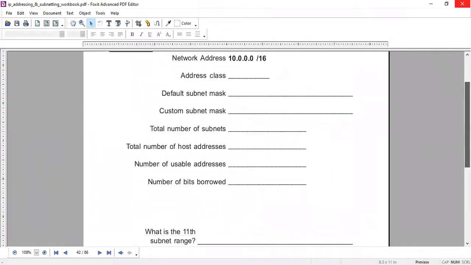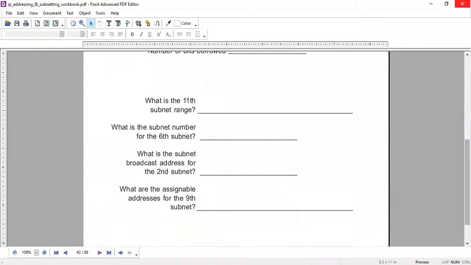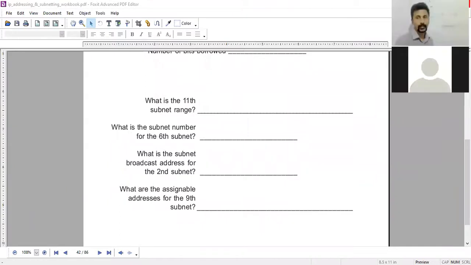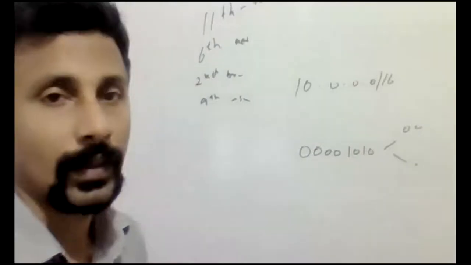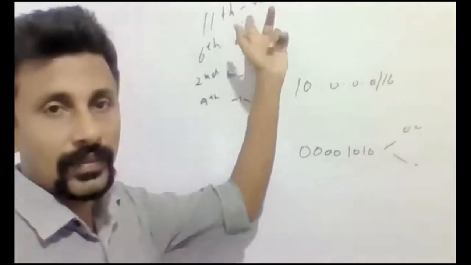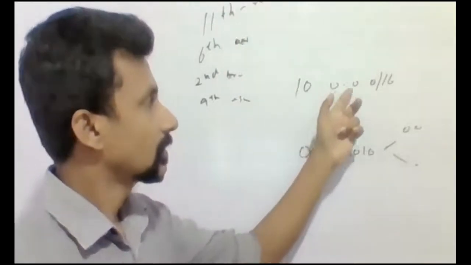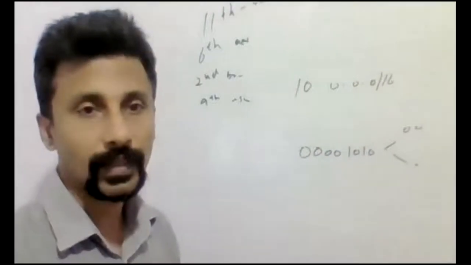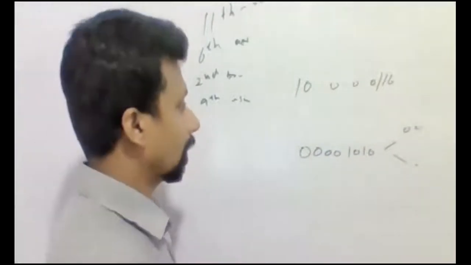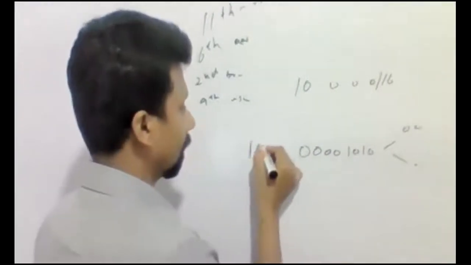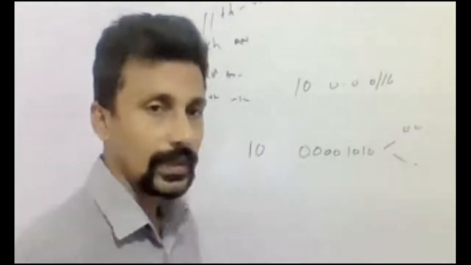Okay. So they are asking the 11th one first. 10.0.0.0/16 is given, right? So if I write 10, that is 8 bits, and the other 8 bits are what you have taken from the host part.